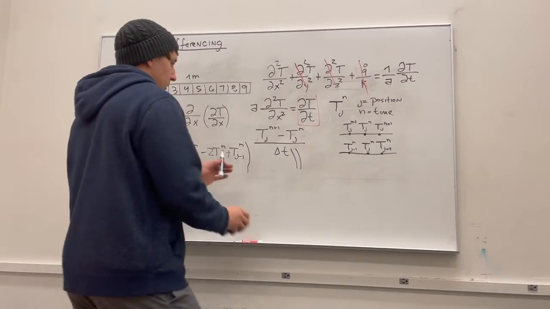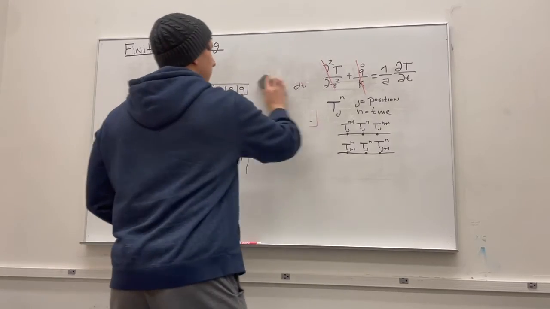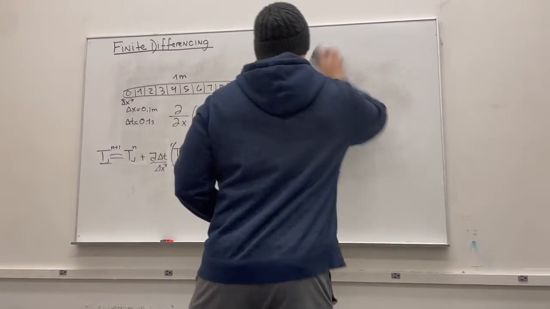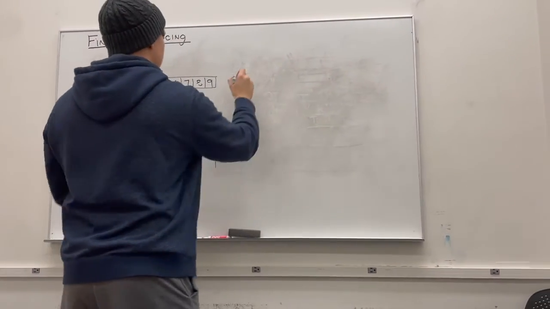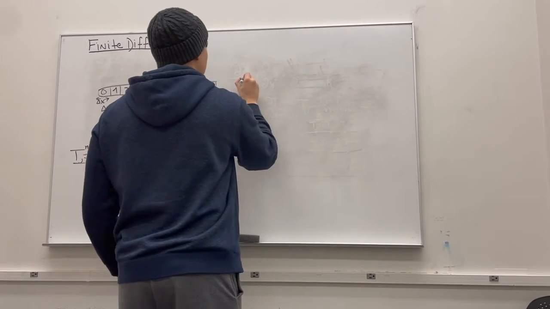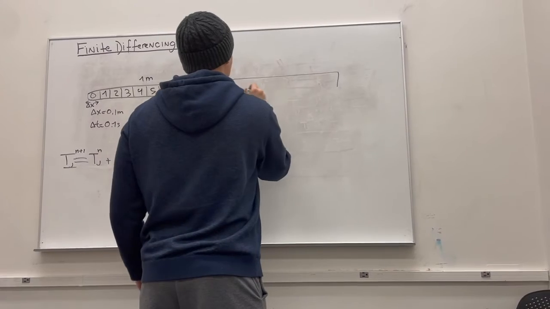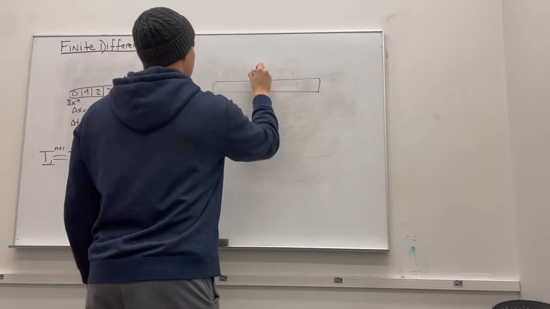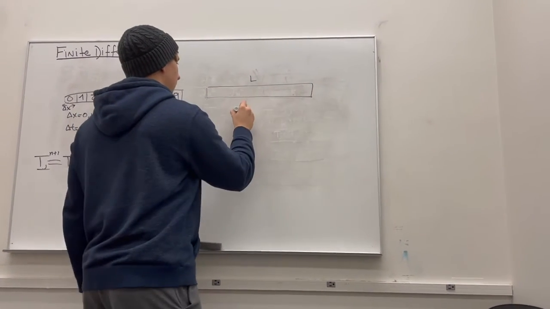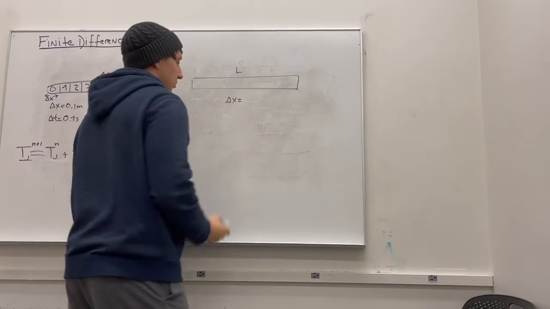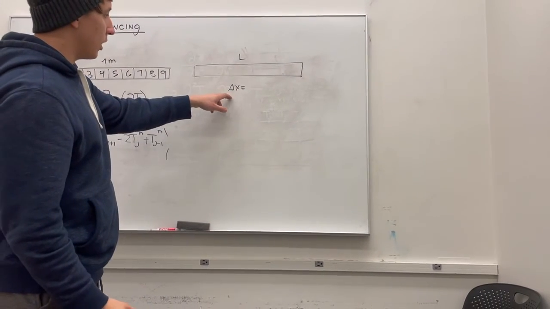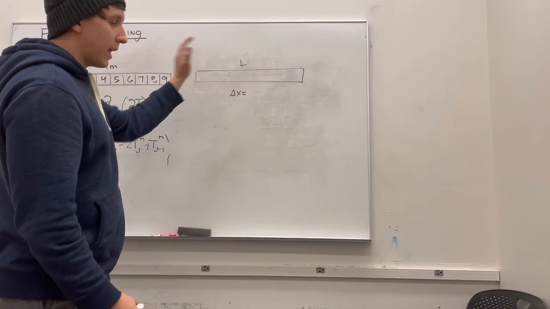So if I actually erase all of this, since we don't need it, real quick, we can have some sort of object here, and it can have any kind of arbitrary length, L. And we can actually change the parameter of our delta x here to anything that we want.